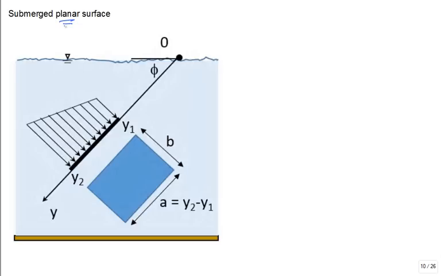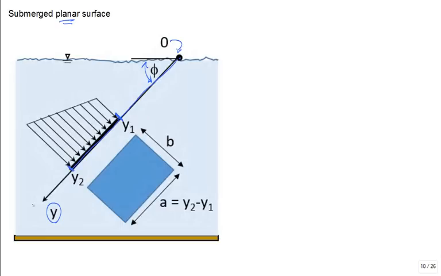I'm going to submerge it in some fluid, and we'll put it at an orientation phi. And we'll start the measurement of a coordinate system y at 0, the origin, so to speak, and go down, down, down. Now this is the start of my planar surface at location y1, and it goes to location y2.